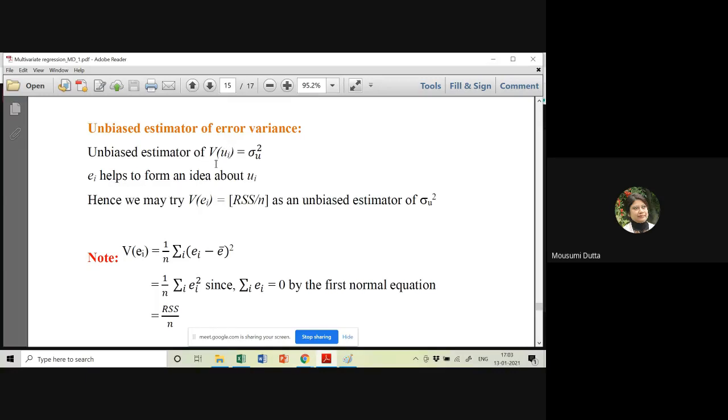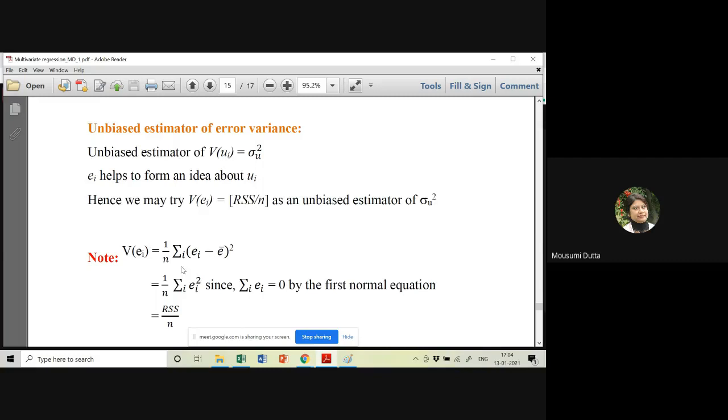Because in the entire estimation process, I mentioned that ui is not observable, and therefore we brought a proxy for ui, and we considered ei, the residual, as that proxy. So when we have no knowledge about sigma u square, the variance of ui, why not start with the variance of ei and check whether it is an unbiased estimator for the variance of ui.